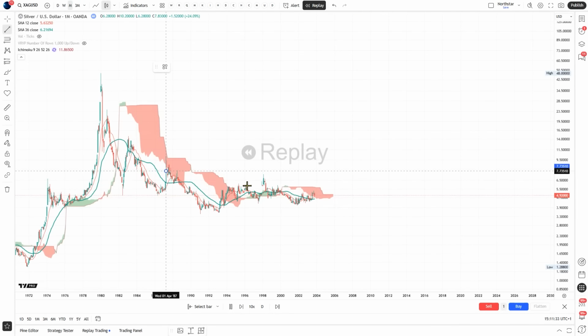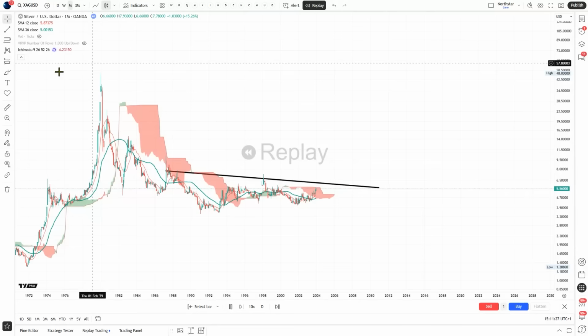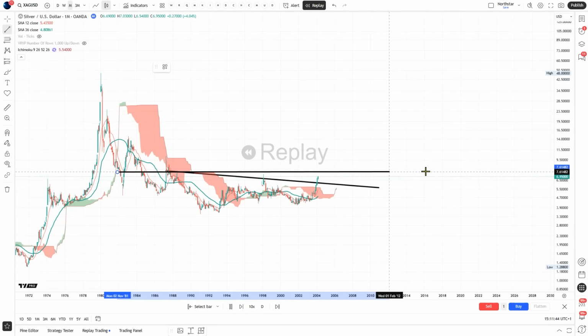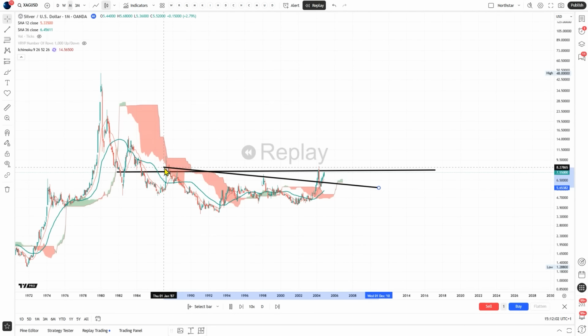Well, you can put a series of trend lines on the chart, some sort of breakout lines, and there's a number of them, horizontal and angled resistance lines that go a little bit like this. So you can see we just hit that horizontal resistance line there, having broken out above the moving averages and above the Ichimoku cloud. So what we're looking for is for the price to break out through an important sloping resistance line.